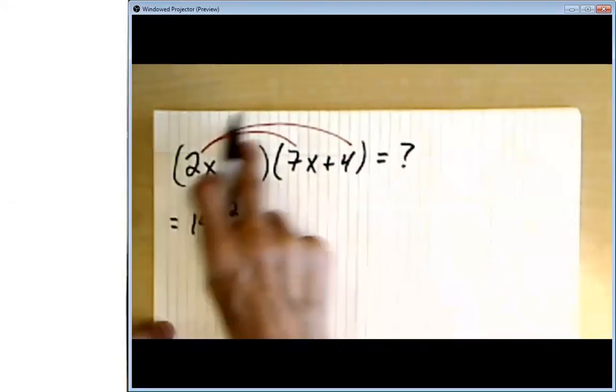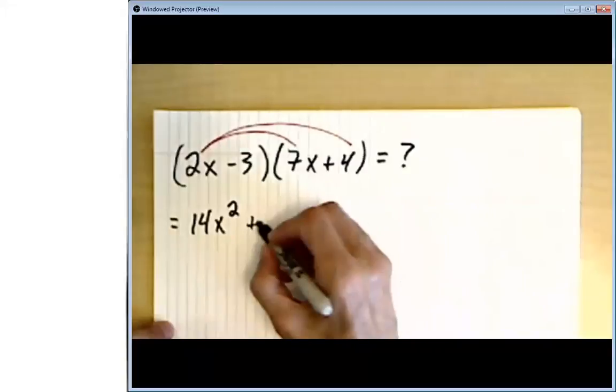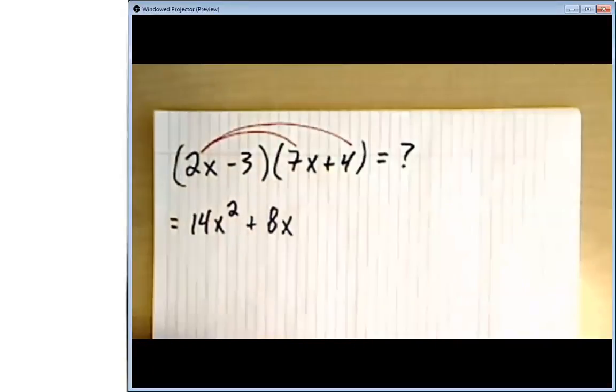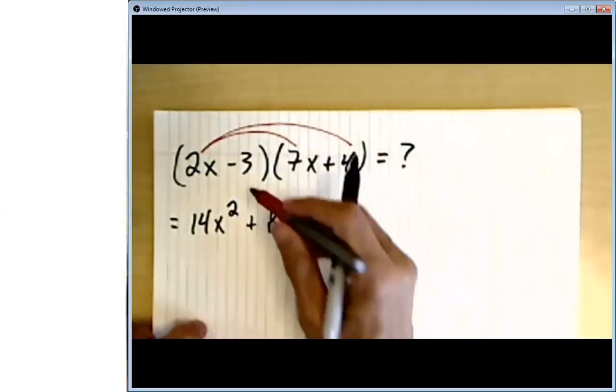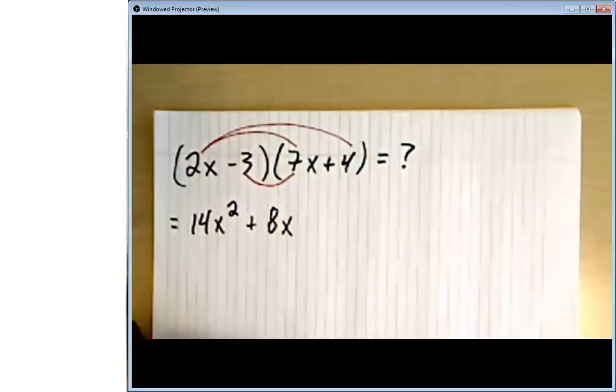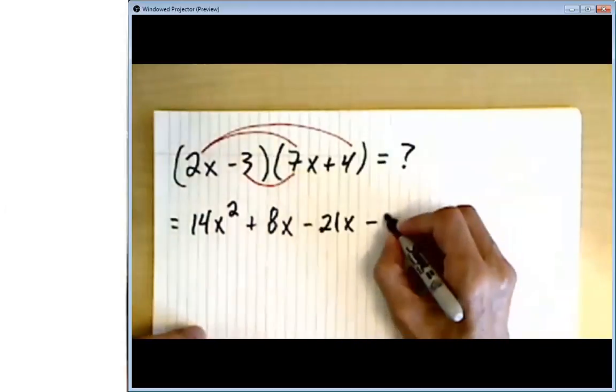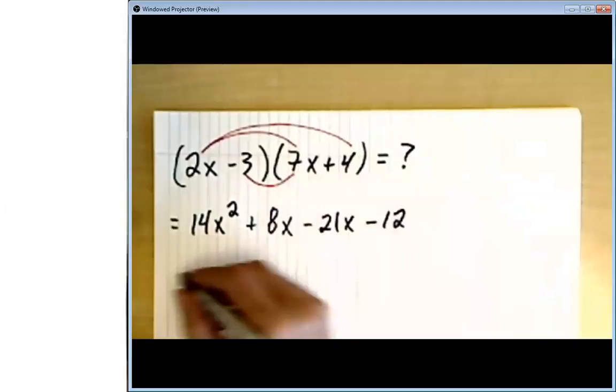Yeah, and the second term there would be plus 8x. That's true. Minus 12. It's perfect.